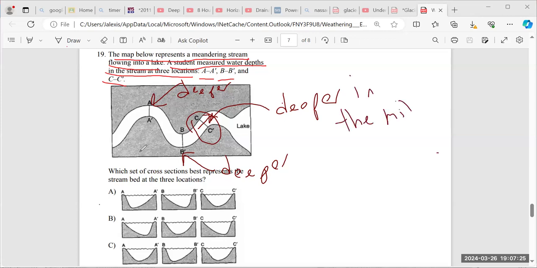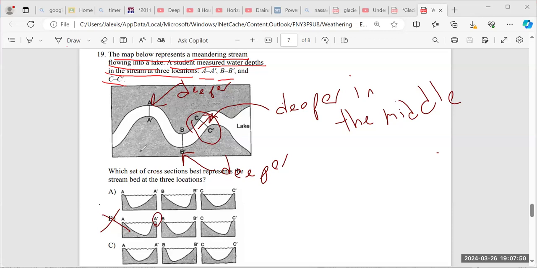So which option shows where A is the deeper part, B prime is the deeper part, and in the middle of the C path is going to be the deeper part? When I'm taking a look, it can't be B because it's saying A prime is towards the deeper part of the stream.